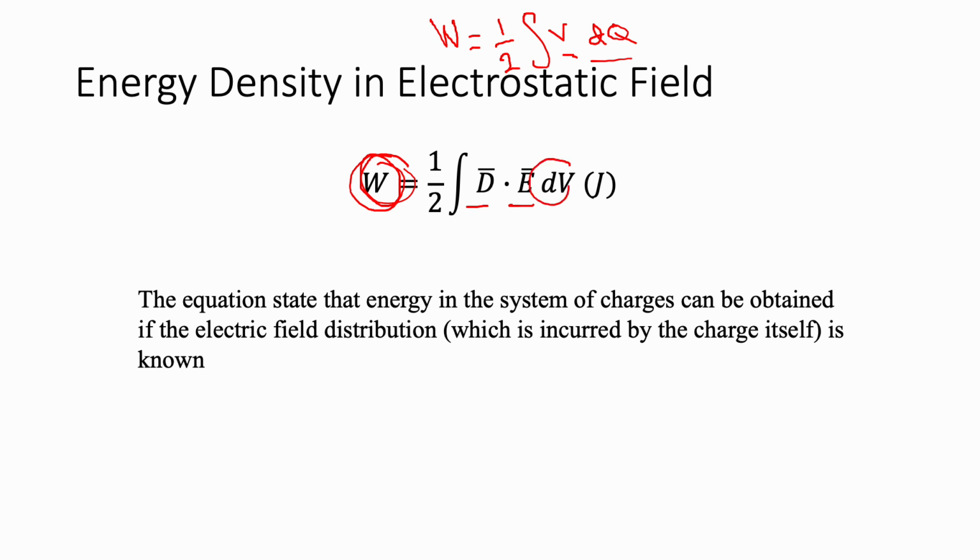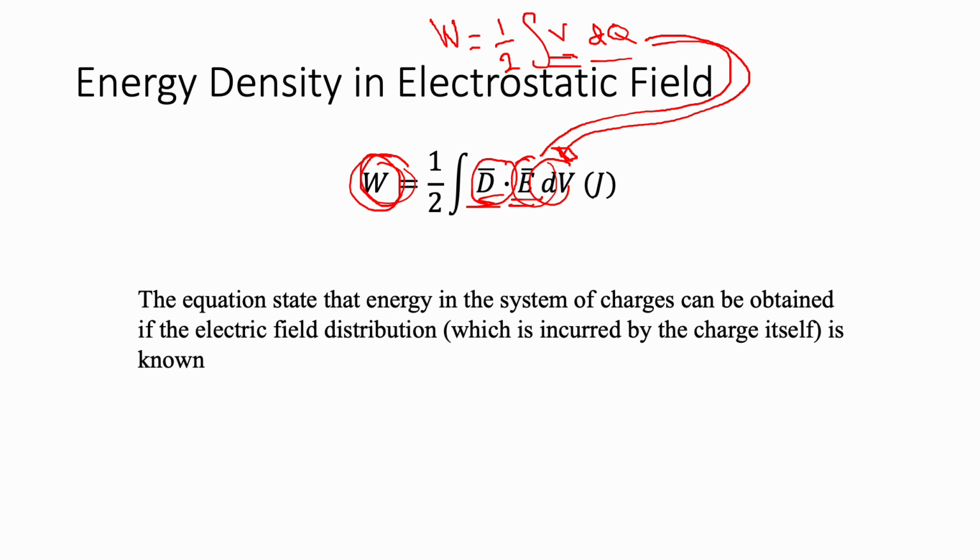Here I will not show how this equation can be represented in this formula. You can search by yourself in your reference book, where they explain how from V dq you can also calculate your energy density as D dot E dV. From here you can see that the elements D and E are almost the same.